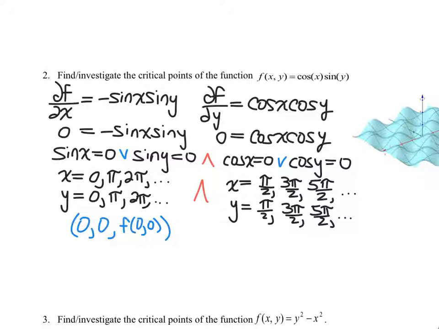So if I plug in a 0 for cosine, I get a positive 1. In both cases, I'll get a 1. 1 and 0 are not equal. So this would actually be a bad ordered pair, right? Because it needs to work for both. All right? So then I would try 0, pi.